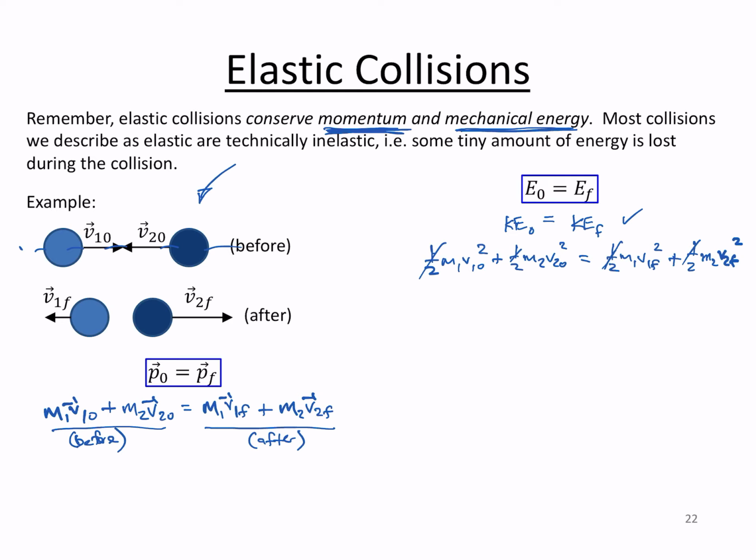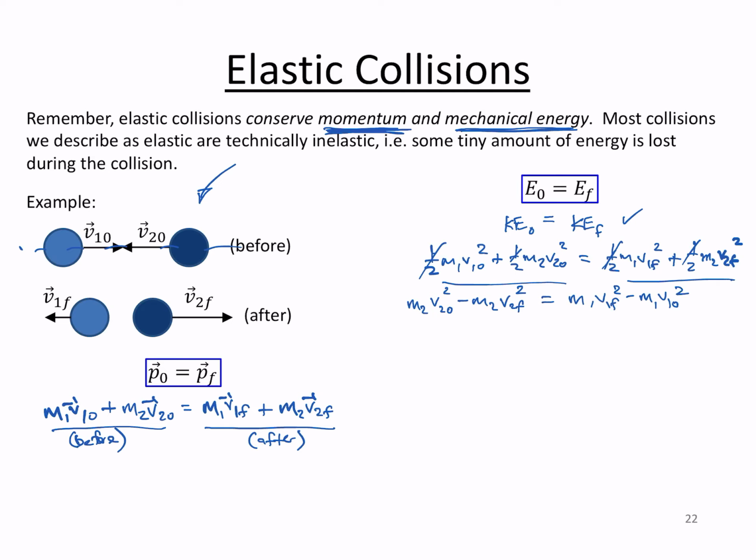But often it is simpler to deal with a separate relationship that comes if you take these terms and you group all of the second object terms and you group all of the first object terms, something like this.